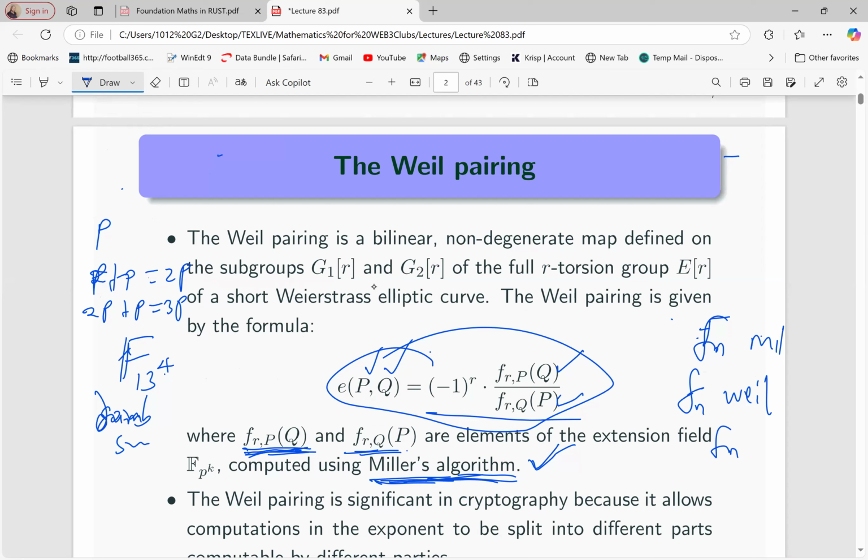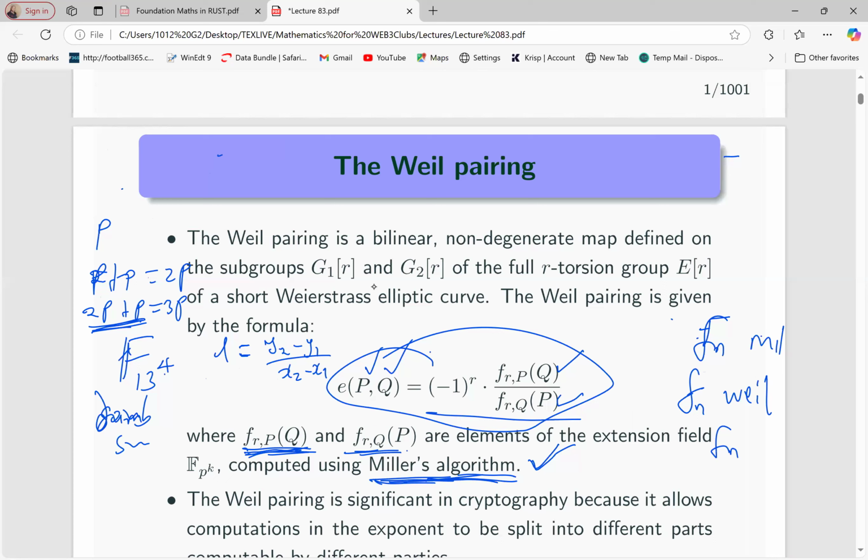You're giving your code the formulas for getting slope. For instance, you're telling it if these 2 points are different, of course 2P and P will be different, you then get the slope as y2 minus y1 over x2 minus x1. Then of course, the code cannot divide like this directly, so you would have some function for getting the inverse of the denominator.